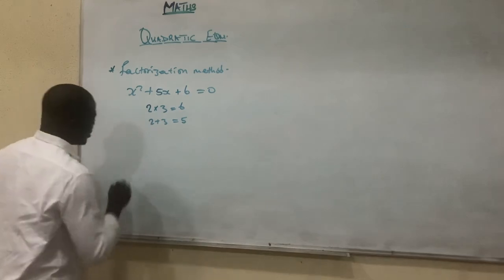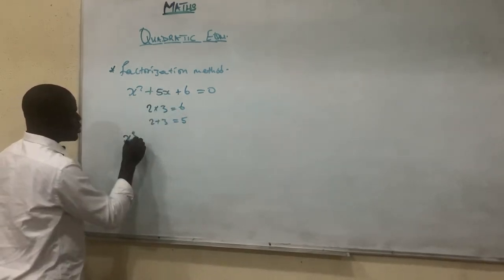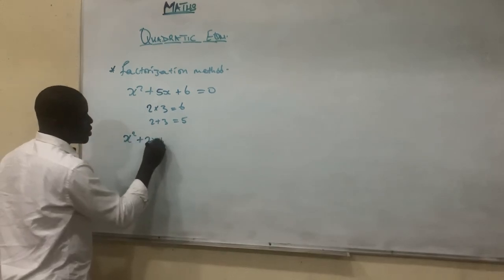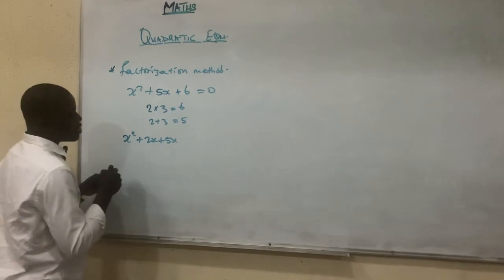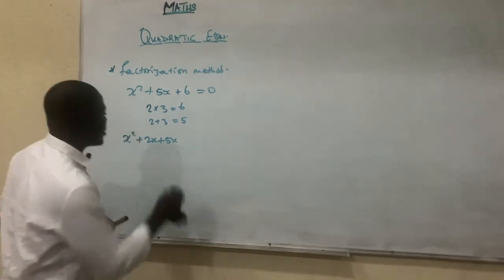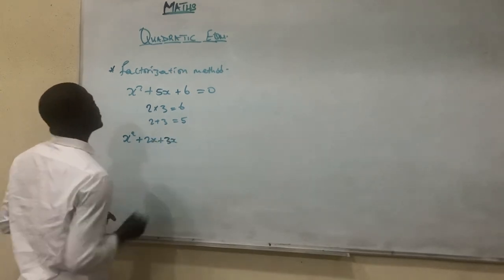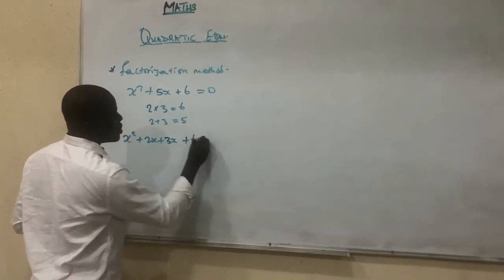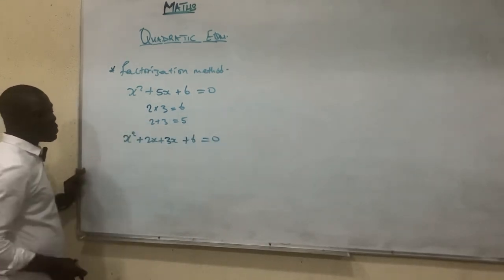Yes, it's correct. So I will say x squared plus 3x plus 2x plus 6 equal to 0. What do we do next?